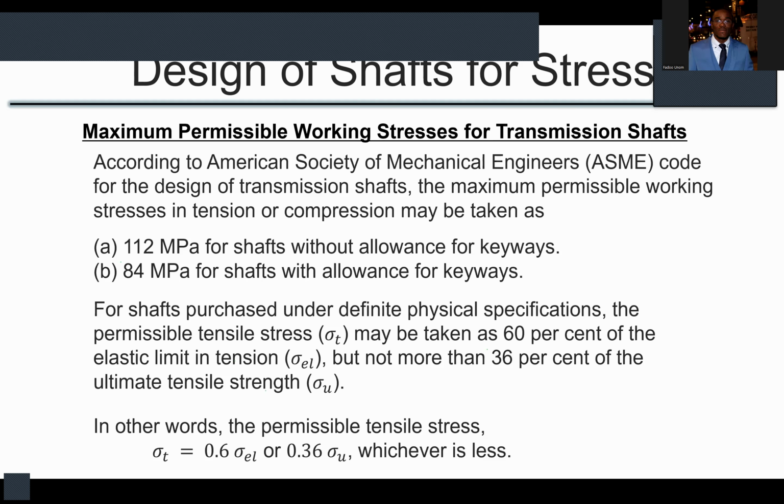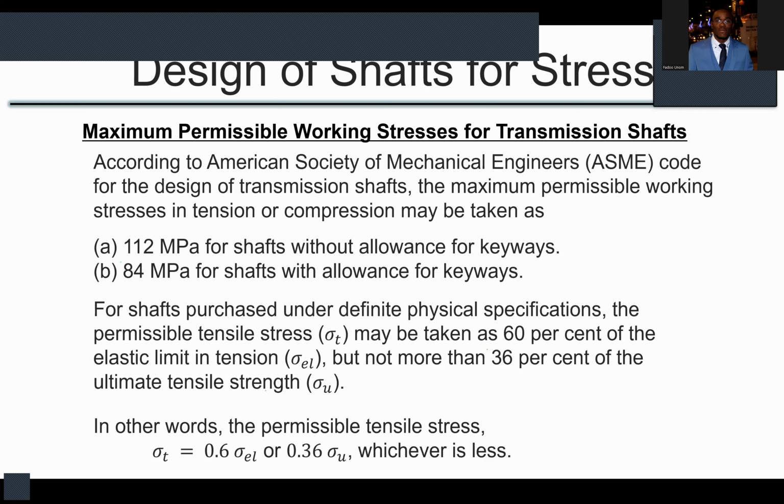Underline that word permissible. When you draw your stress strain curve, as you do in material science, you can tell when a material is going outside its elastic limit. You can tell at what point the material starts exhibiting plasticity, where a little force causes a deformation that is not commensurate to that force, and the deformation does not return.